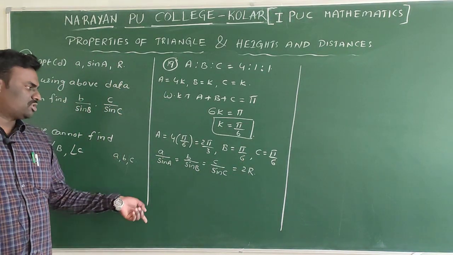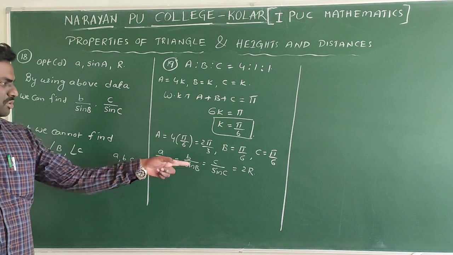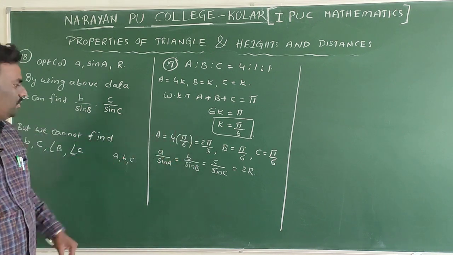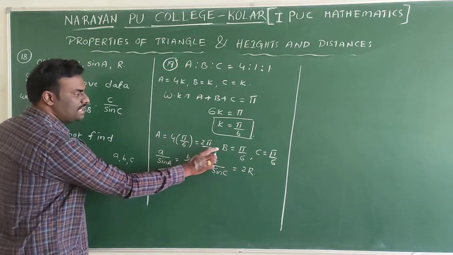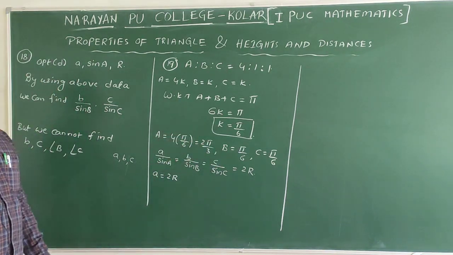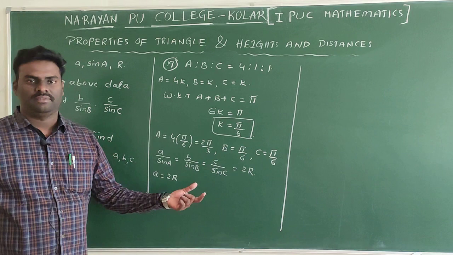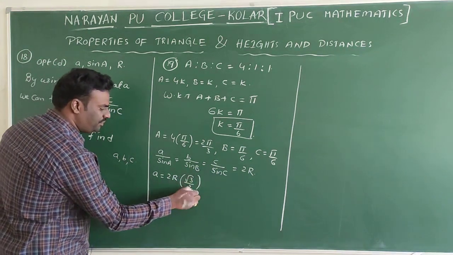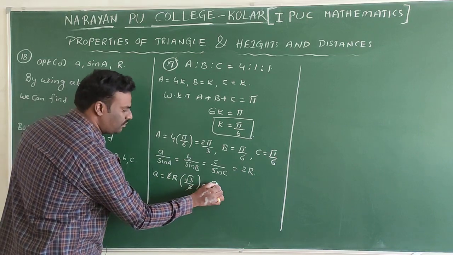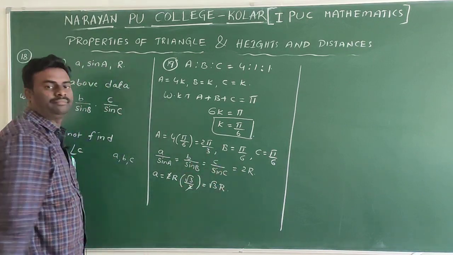So you can write a is 2R sin A, b is 2R sin B, c is 2R sin C. The R value we don't know. Then a equals 2R into sin A, where A is 2 pi by 3, which means 120. Sin 120 value is root 3 by 2. This is a.